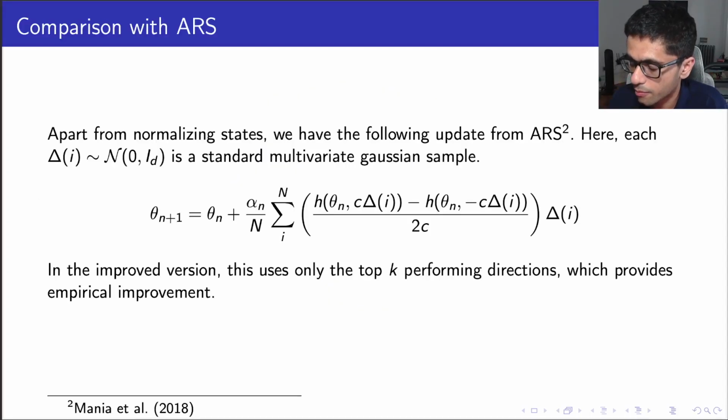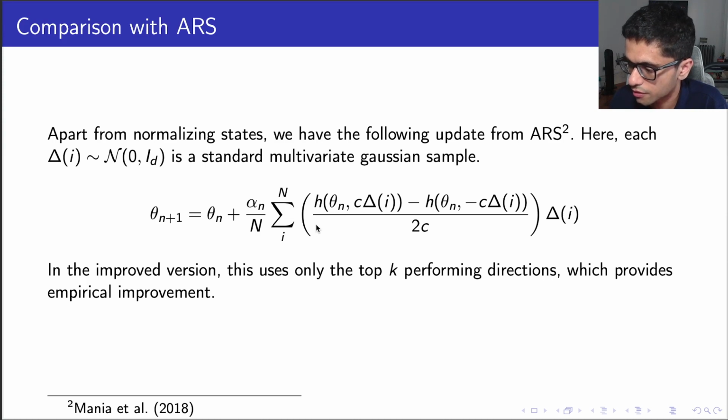So at this point, I want to compare our previous algorithm with ARS. Apart from normalizing states, the update from ARS uses n vectors instead of one vector from the multivariate Gaussian. So whatever grad hat you calculate, you average over n samples.